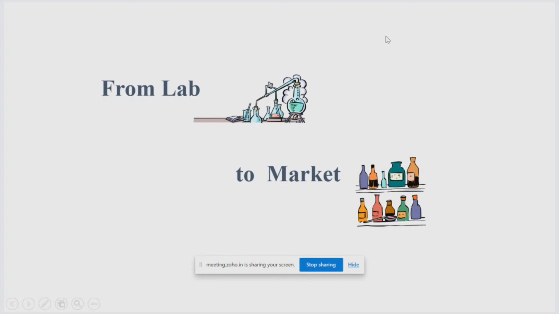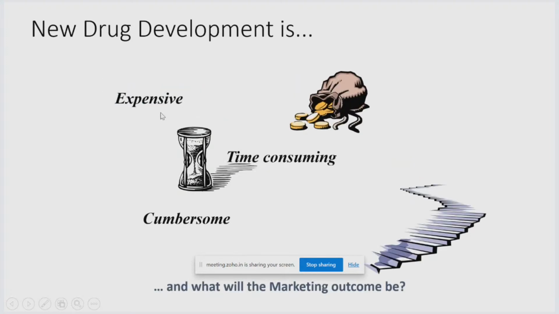Okay. So its journey from lab to market, I'll tell you, is very expensive, one. And second, it is time consuming, and it takes a lot of effort. Now we will talk about why it is expensive, why it takes so much time, and why it is effort taking. This is also one of the reasons entry to clinical research is a little difficult.